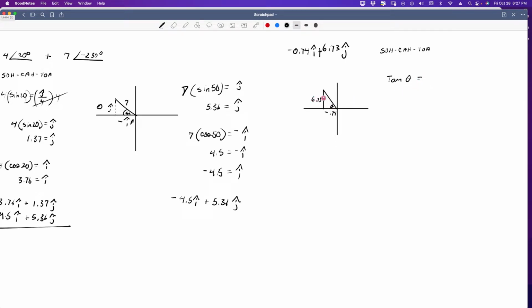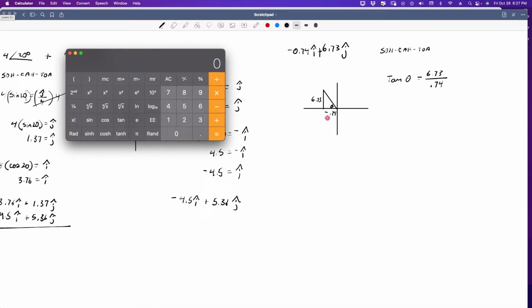Here's theta. The opposite is 6.73. And because this is a distance, it's not negative. It's never negative. So the length is 0.74. So the adjacent side is 0.74. Now we can do the math.